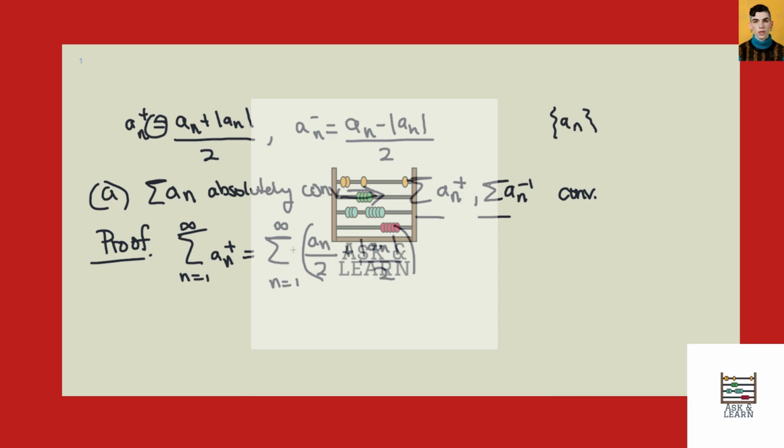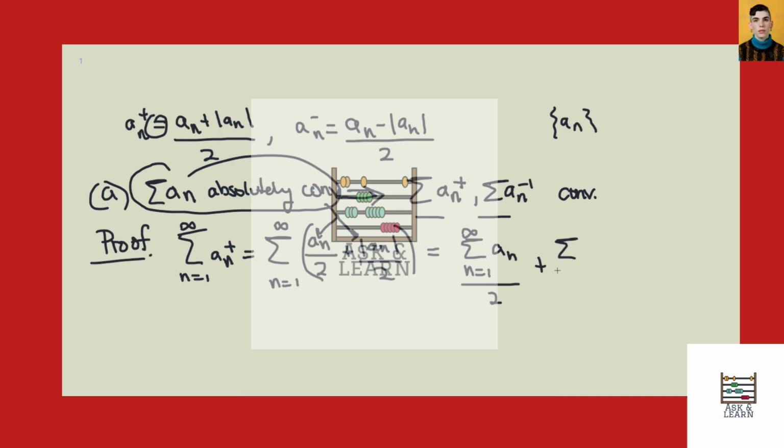Now, because a_n is absolutely convergent, that implies that the sum of the absolute values and the sum of a_n both converge. So I can rewrite this as the following: I do a_n, pull out 1/2, and distribute the sum inside.